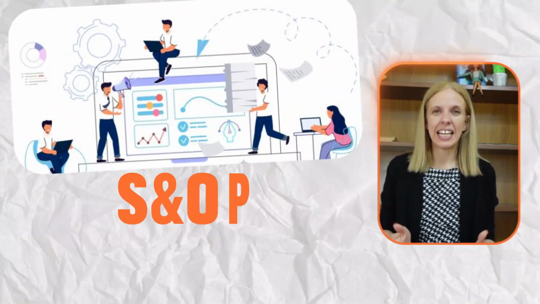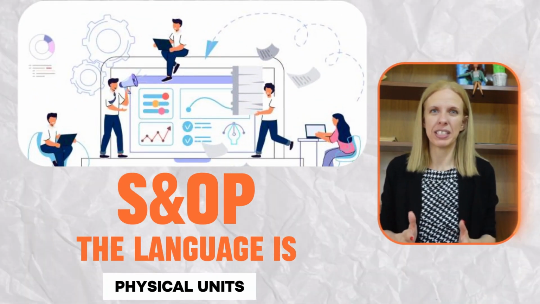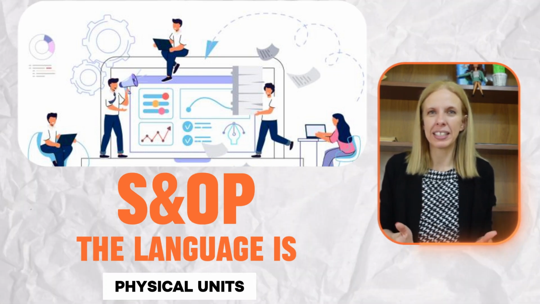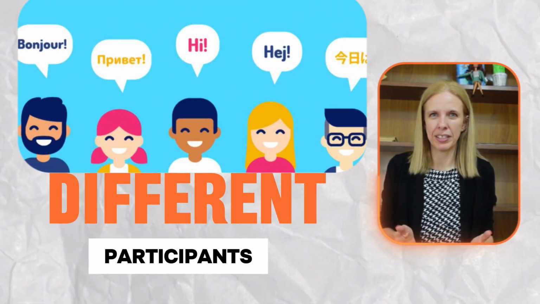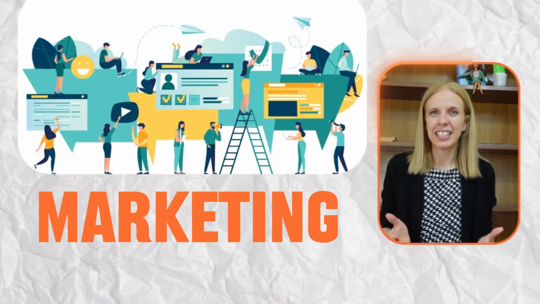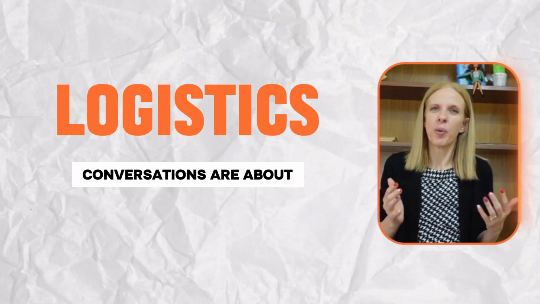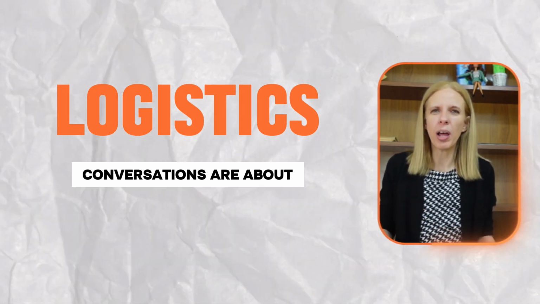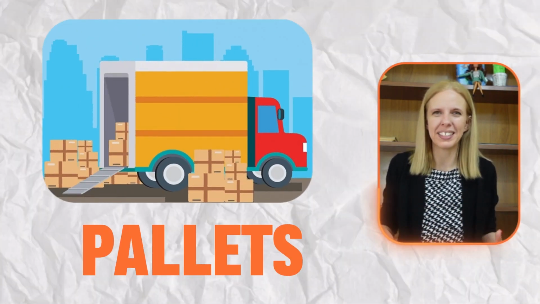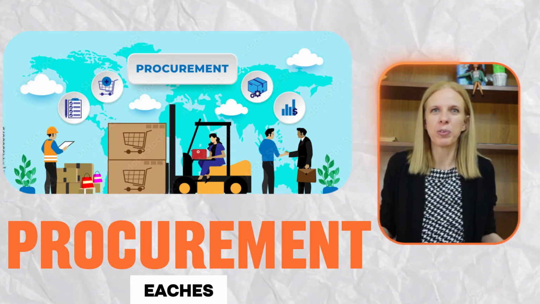Language. In the S&OP process, the language is physical units. In fact, the different participants speak in different units of measure. Marketing talks about the cases. Logistics conversations are all about truckload, pallets, and cartons. Procurement discusses about each.